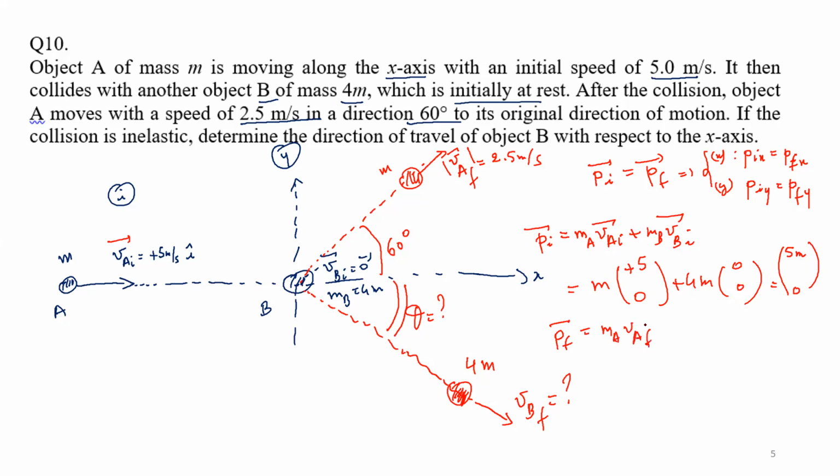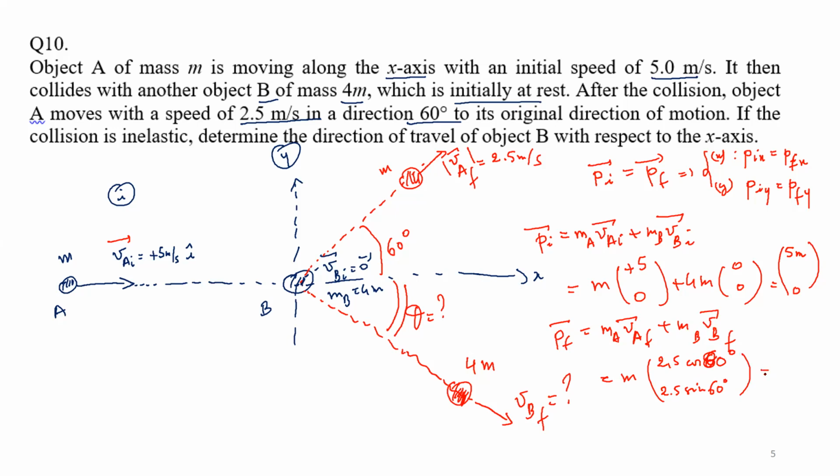MA VA final plus MB VB final. MA is M. Now VA final along X will be 2.5 cosine 60 degree. Along Y is the same, 2.5 sine 60 degree. I need this component along X and along Y. So along X is cosine 60 degree, along Y is sine 60 degree.